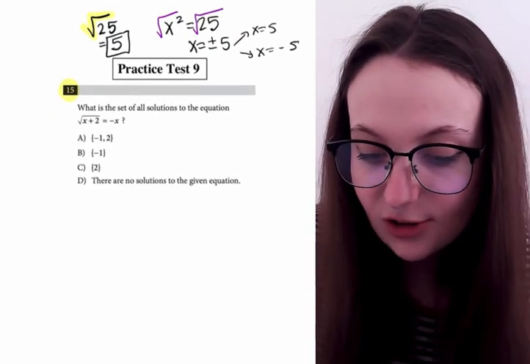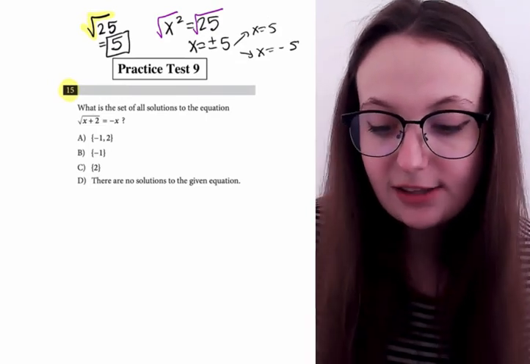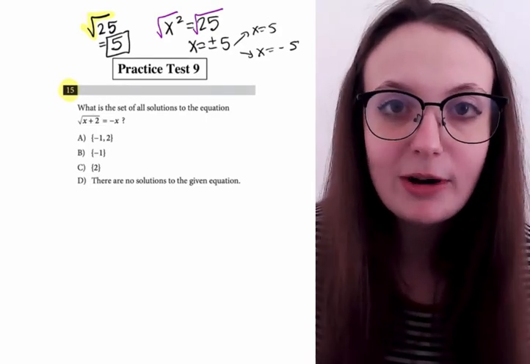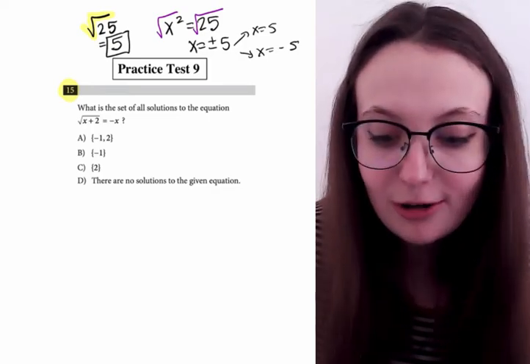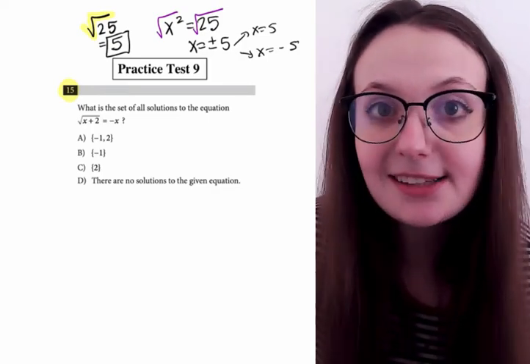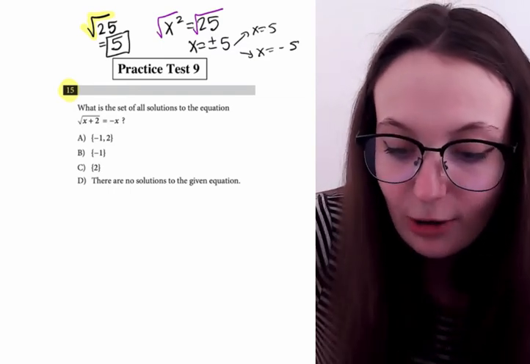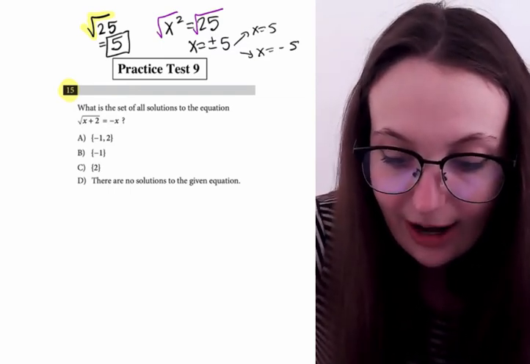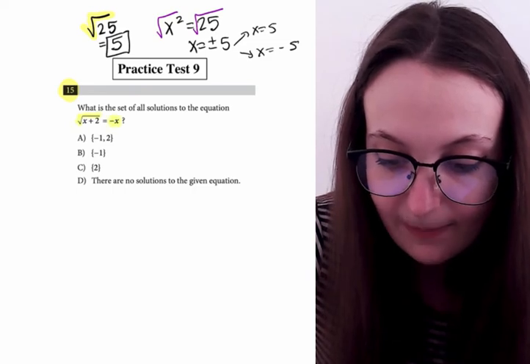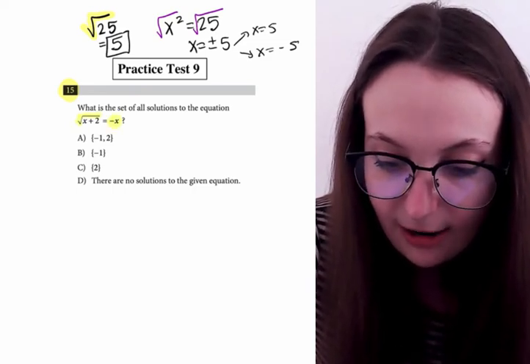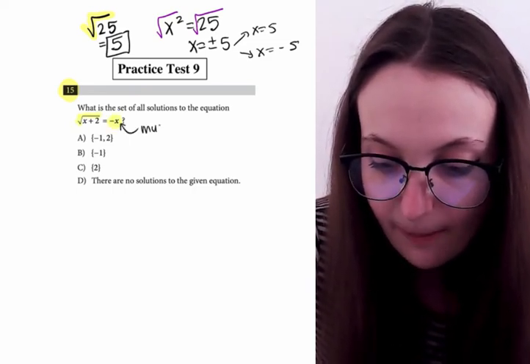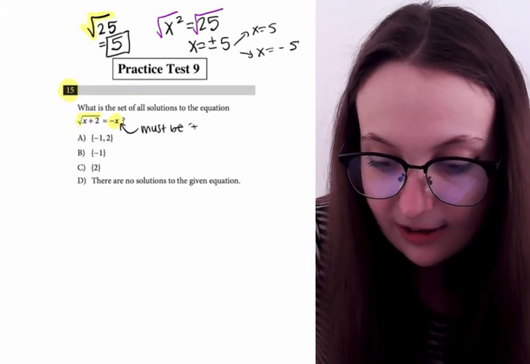All right, so they ask us, what is the set of all solutions to this equation? When they give you choices, plug them in. Don't be smart. Don't try to square both sides and create a quadratic that you need to solve. Just plug in the choices. Like we said, whenever the square root is part of the equation, this side right here has got to be equal to a positive number. So this side must be positive.